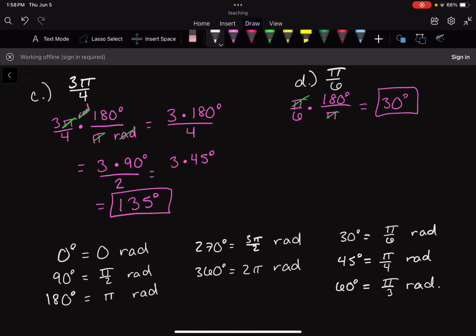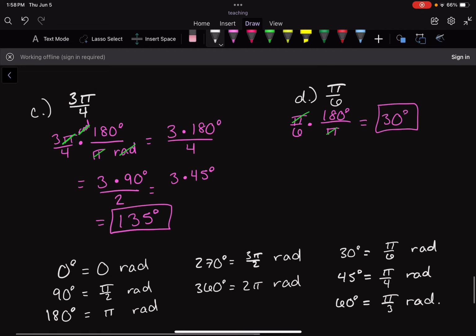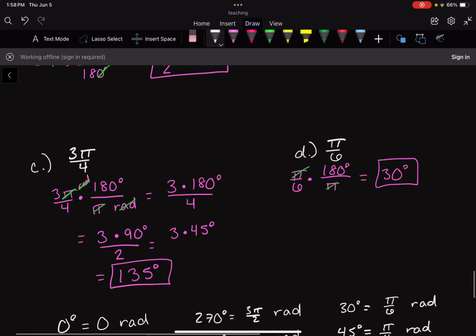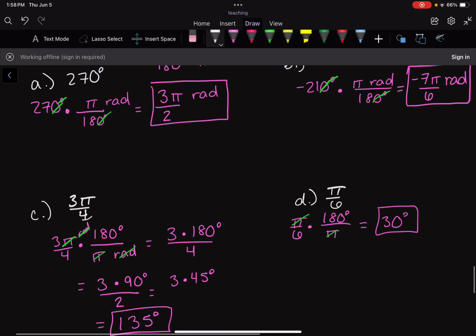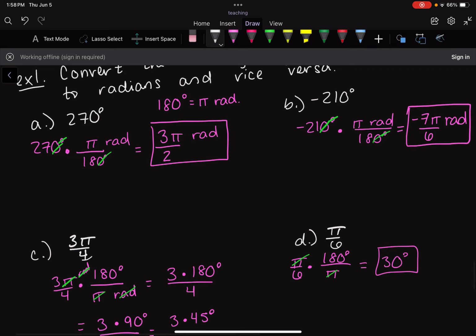You could check all of these by using the conversion, but these are the ones that will be really important for us to know. Now, if you want to learn the entire unit circle, you would also have to remember that 3 pi over 4 is 135, and 210 is 7 pi over 6, and a bunch more.